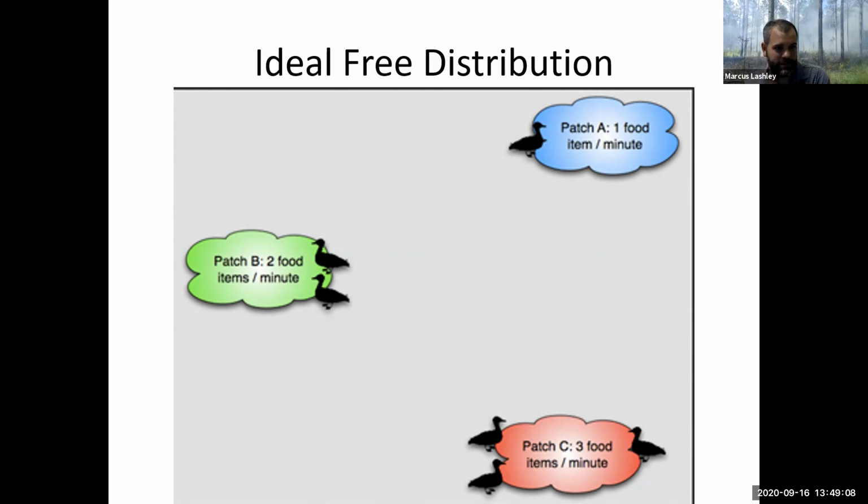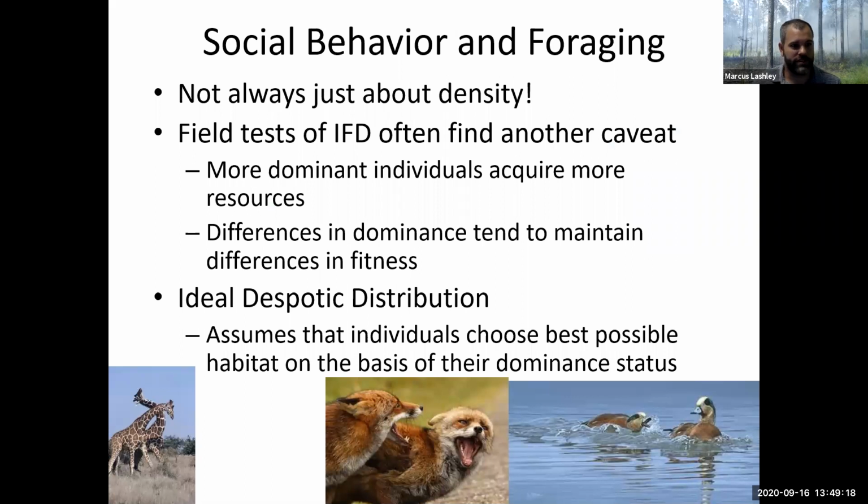Some species do conform to that well, but it doesn't take into account some other things that are problematic in a lot of populations. It's not just about density. In particular, if we have social behaviors where they're dominant individuals, they may be defending a territory, that would be called an ideal despotic distribution.